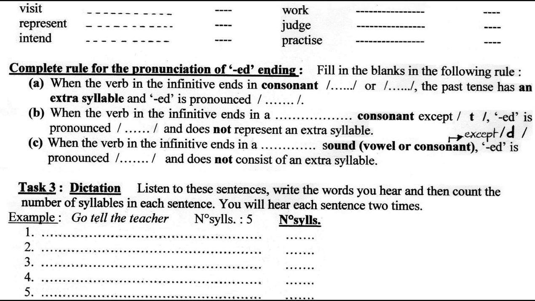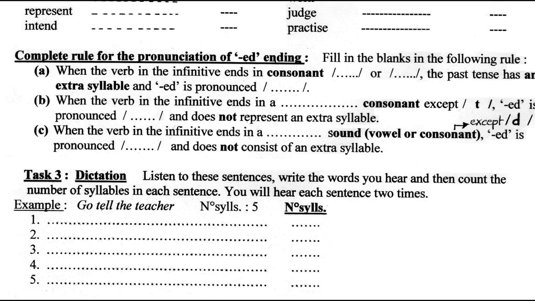C, when the verb in the infinitive ends in a voiced sound, vowel or consonant except d, ed is pronounced d and does not consist of an extra syllable. Great. Now we move to the last task.